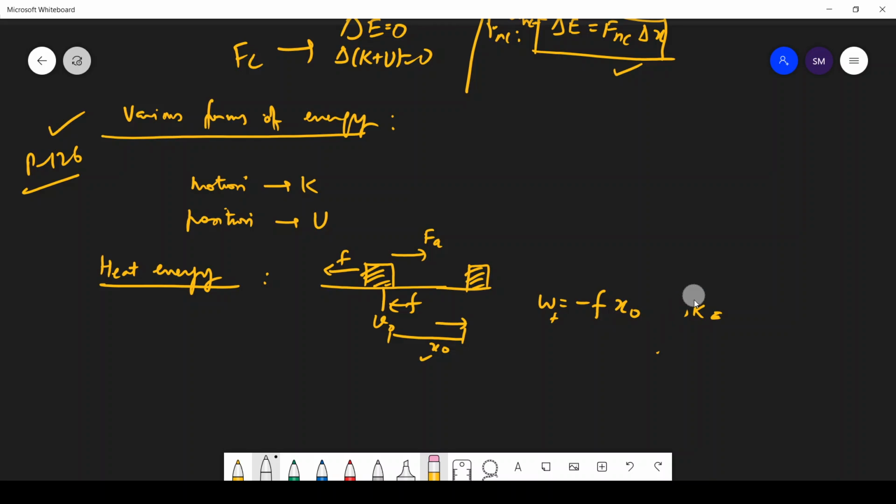Let us write it separately. The kinetic energy is equal to half m v naught square.